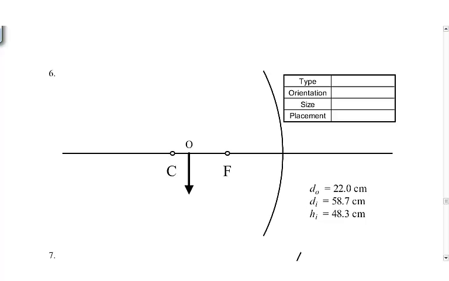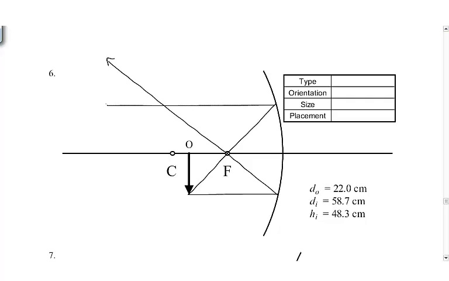Example 6, continuing on with an object that's pointing down, line up your ruler parallel to the axis, and then through the focal point, and then again through the focal point and parallel to the axis. So where those light rays come together, we can form our image.